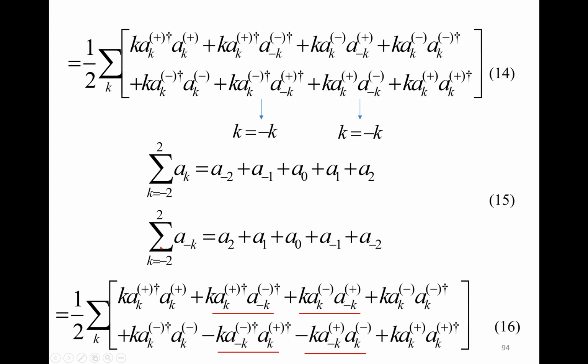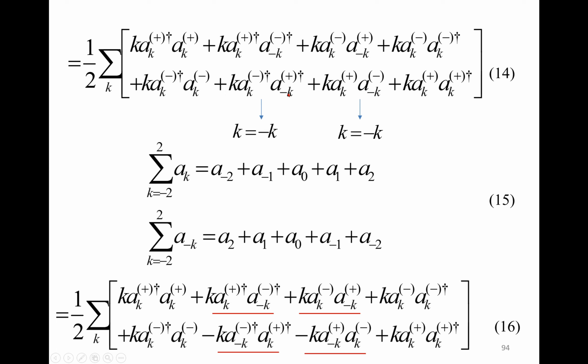Suppose when you are going to substitute a_minus k instead of a_k, then the summation can be expanded in terms of a_2 plus a_1 plus a_0 plus a_minus1 plus a_minus2. You just consider these two equations, for the right hand side they are equal. So left hand side must be equal. So when you are going to substitute k equals minus k, we can say that both are equal.